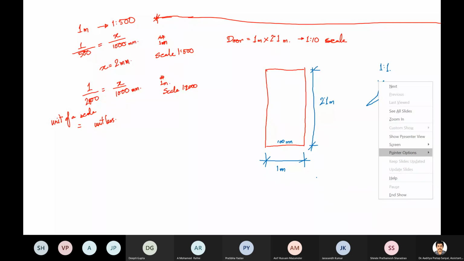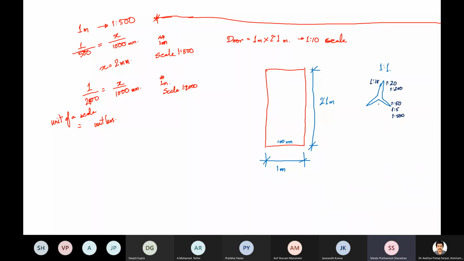And let me change the color. Here you would see written 1 is to 100 or 1 is to 10. Here probably 1 is to 20, 1 is to 200. Here probably 1 is to 50, 1 is to 5, 1 is to 500.